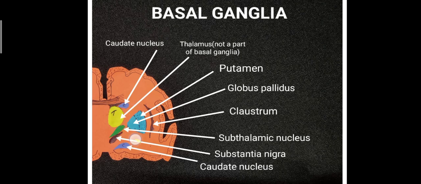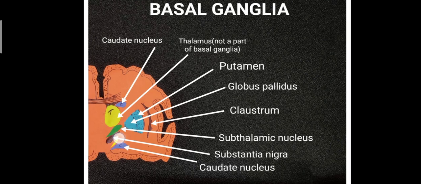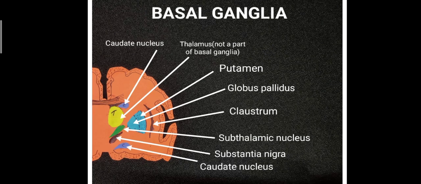Here we have the internal capsule and here the external capsule. The subthalamic nucleus is just below the thalamus, and below that you can see a pigmented area, the substantia nigra. These are the parts you have to remember under the basal ganglia.